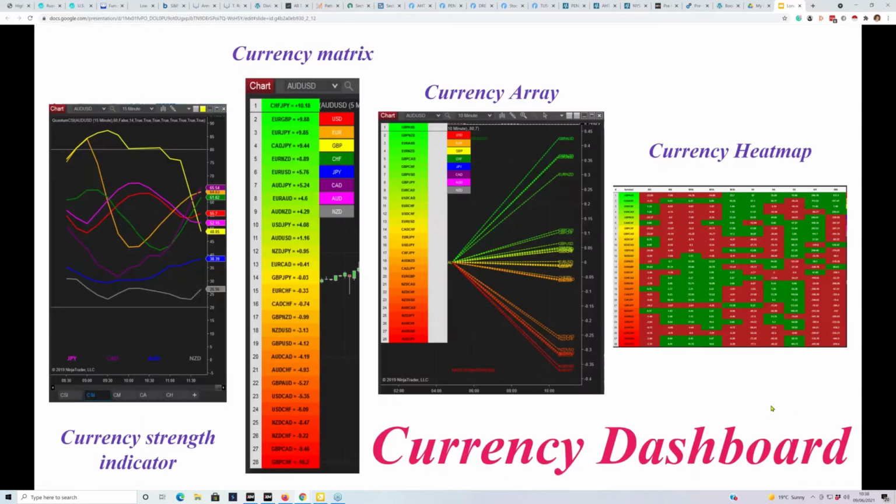Finally, before we do, for forex, we have developed some very particular indicators, and these are the four that make up what we call the currency dashboard. You can buy them individually, you can buy them as the dashboard, you can buy one, two, or individually, the other indicators that we have developed, and you'll see those on the charts. And one of these indicators, in particular the currency matrix here, will give you an instant clue as to what kind of market condition you are likely to face in terms of volatility.